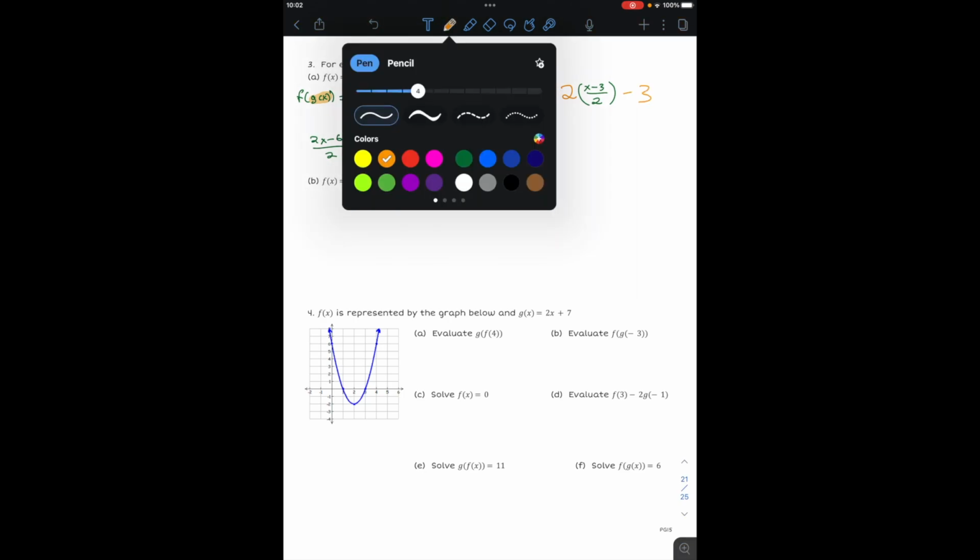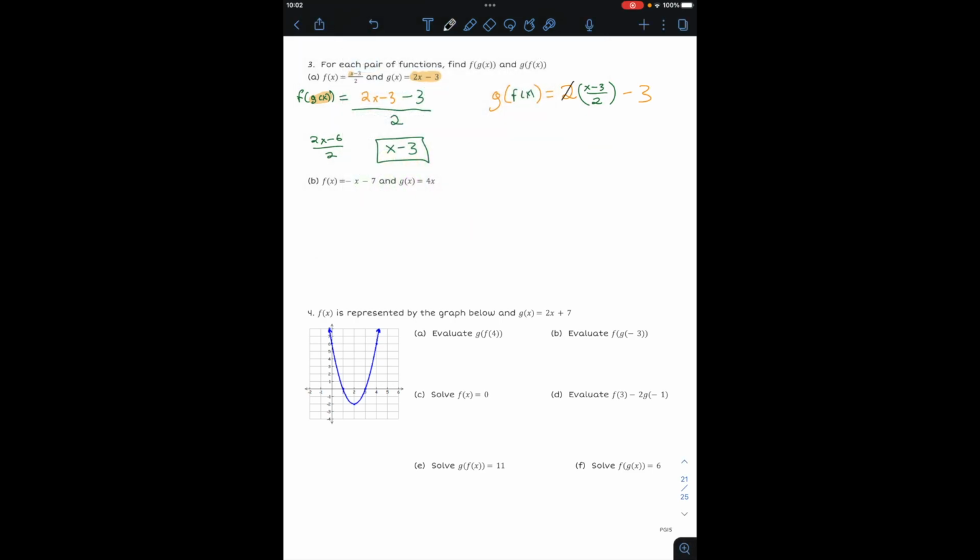I could distribute and multiply and do all that, but 2 and 2 cancel when I multiply and divide, so I'm going to get x minus 6. So these are not inverses of each other. They look a little similar, but they're not inverses. If they were inverses, g of f of x and f of g of x would both have to equal x, although the problem doesn't really say anything about looking for that.